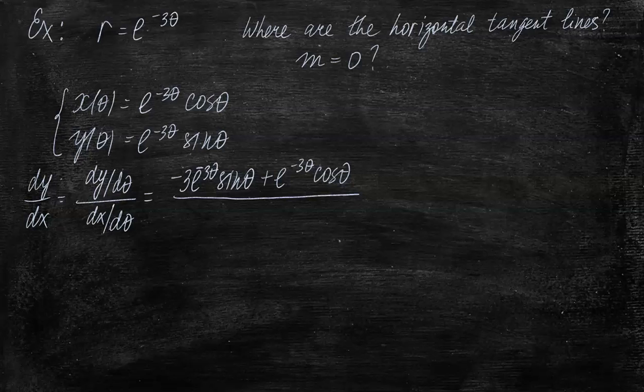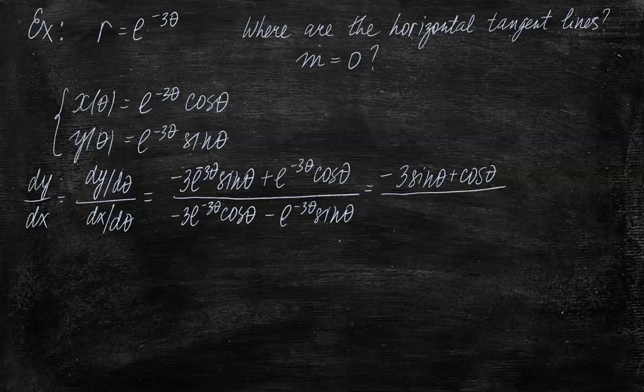And we're going to have the same thing here, negative 3e to the negative 3 theta cosine theta minus e to the negative 3 theta sine theta. You can see how e to the negative 3 theta is gone. So we have negative 3 sine theta plus cosine theta over negative 3 cosine theta minus sine theta.